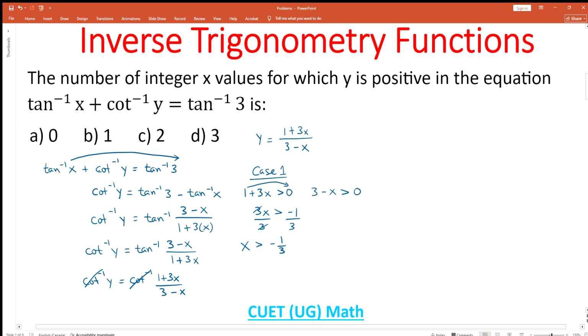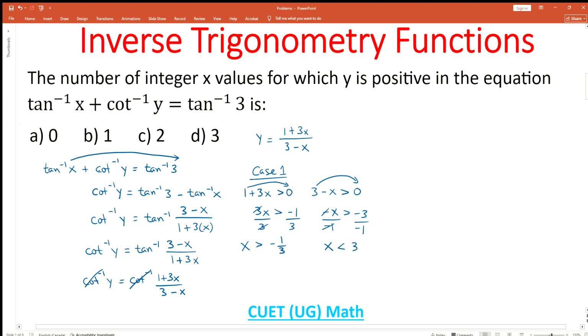Now we can solve the second inequality. We should move 3 to the right side of the inequality. It will become negative 3. Next, we should change negative x to positive x by dividing both sides by negative 1. As per the rule of inequality, we should flip the inequality sign. I get x is less than positive 3.